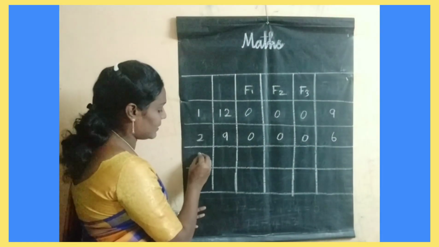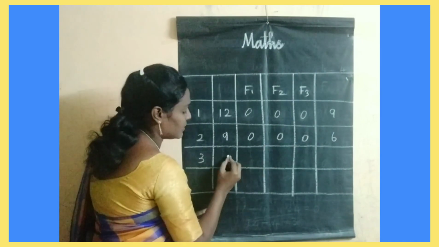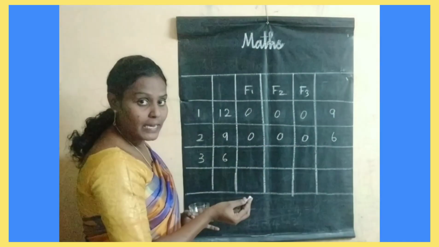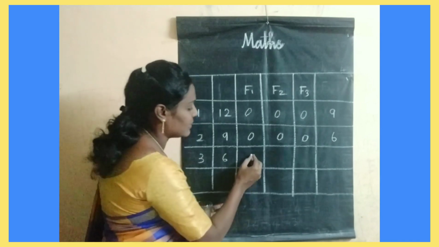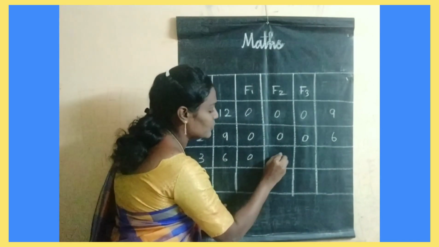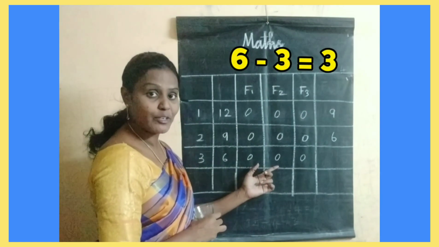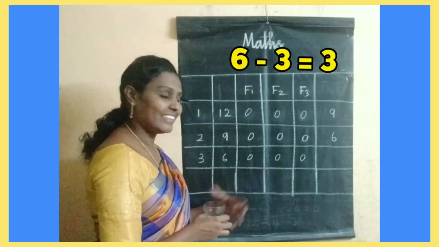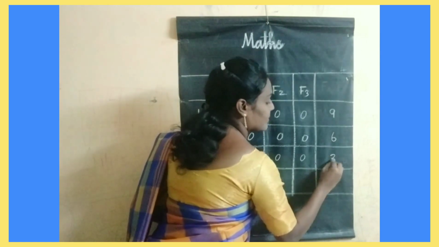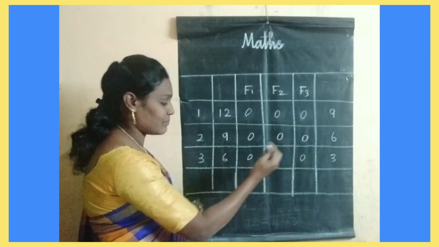Next, step 3. I have 6 badams. I am going to share among 3 of my friends. 1, 2, 3. 6 minus 3 equal to? Yes, 3. Remaining I have 3 badams.